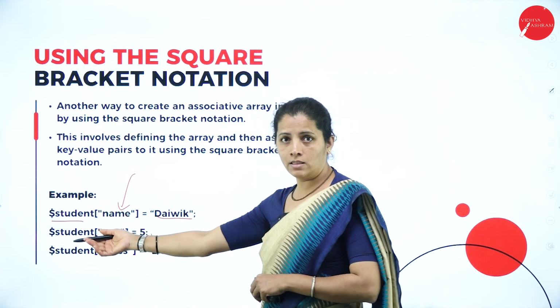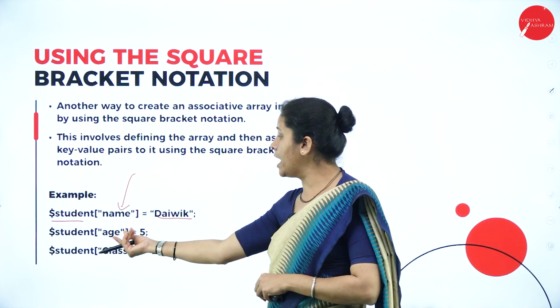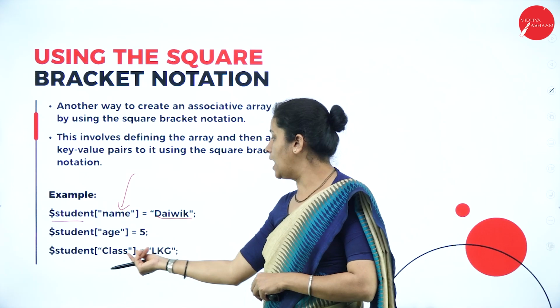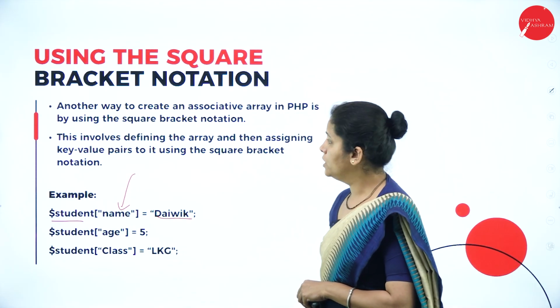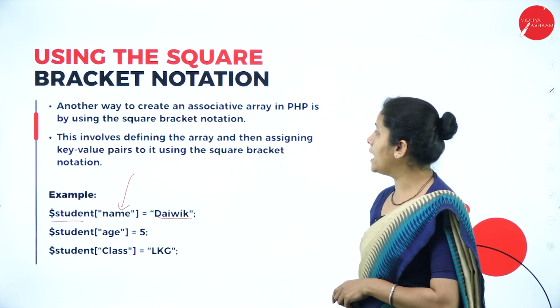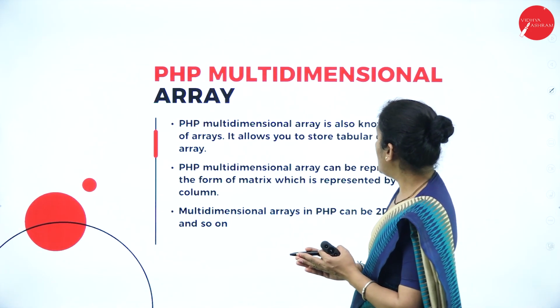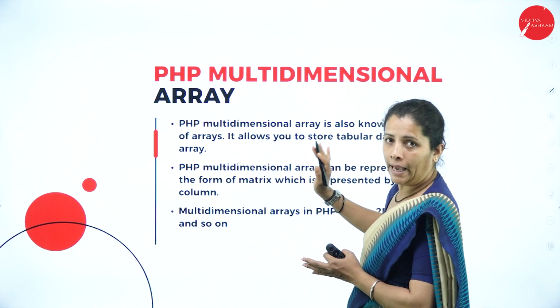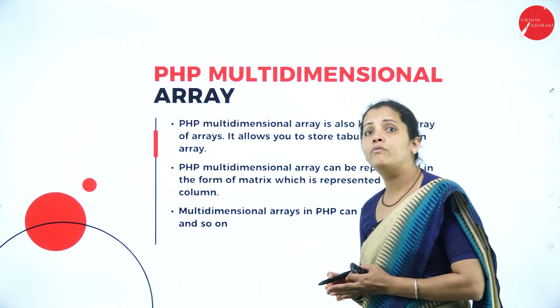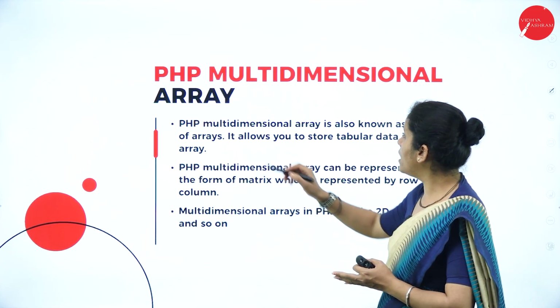Now, another value, that is age, and age is 5. Next, class is LKG. So this is another way I can create an associative array.